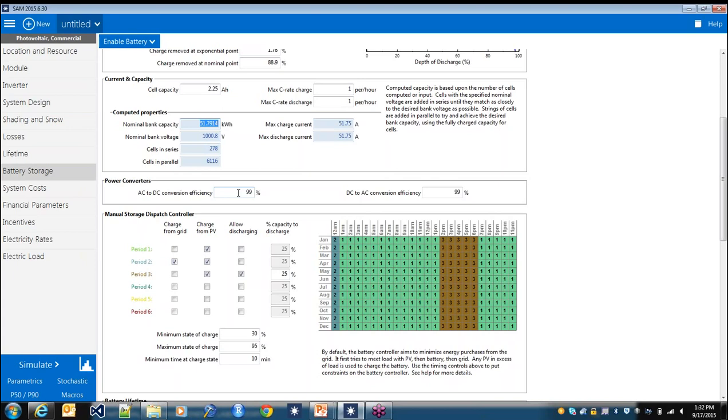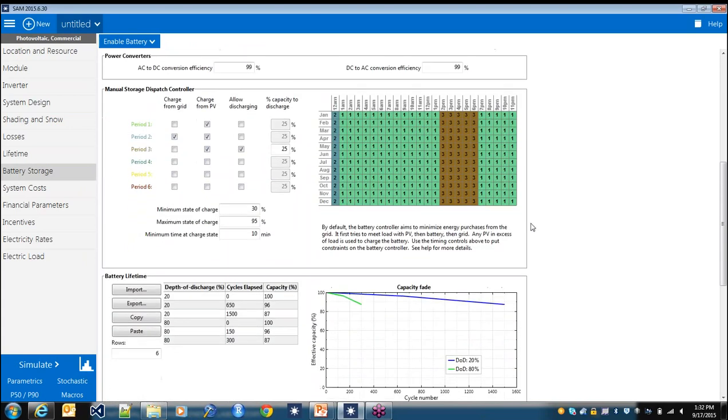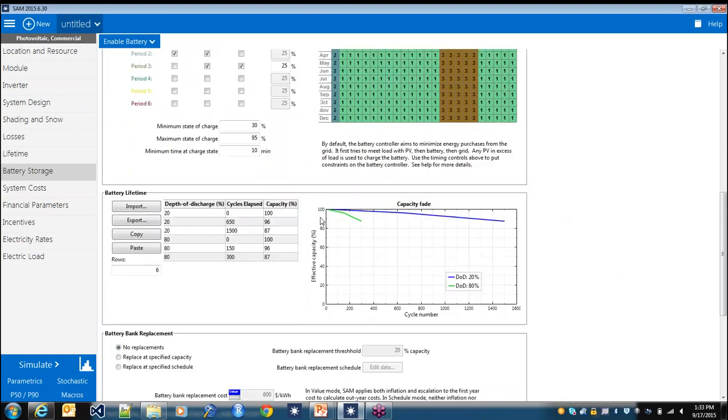So very simple single point efficiencies. Then we get down to the dispatch controller. I've already gone through this in some detail, but I'll wait to tailor this until we look at the electricity rates.